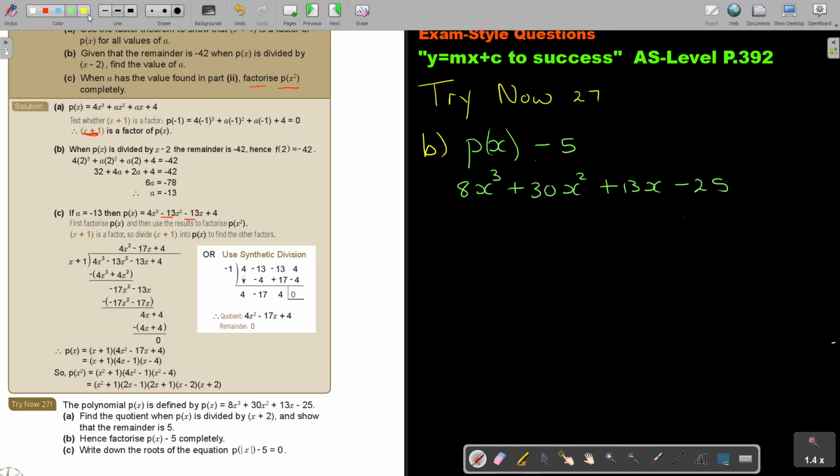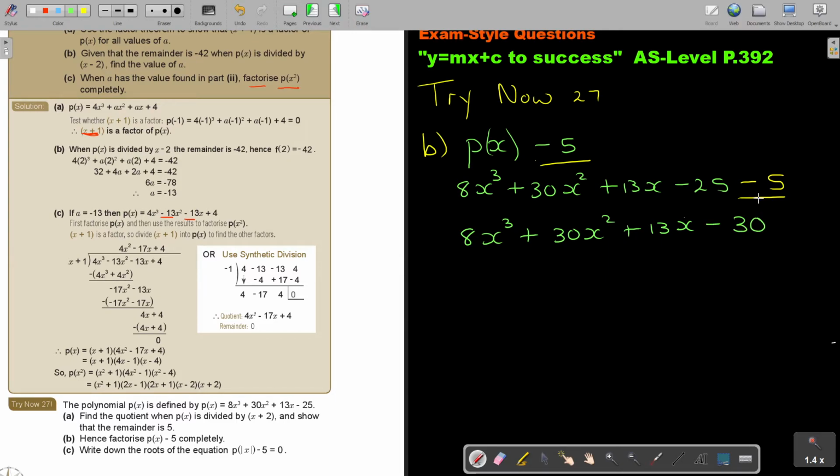And now I go for that minus 5. Do you see that? So what do I get? I get 8x cubed plus 30x squared plus 13x minus 30. Okay, do you see that?